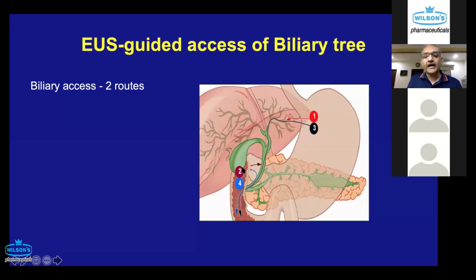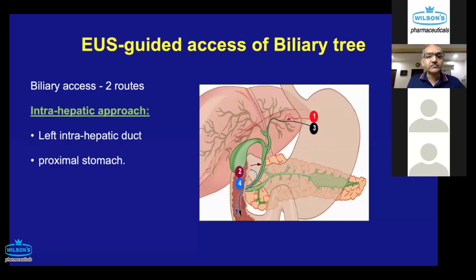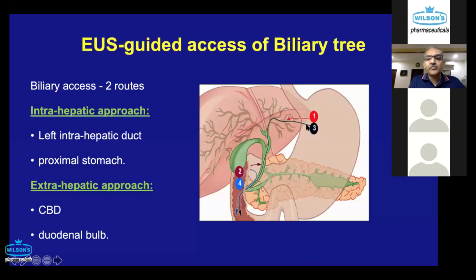So you have two access routes, the left hepatic duct and the common bile duct, provided the common bile duct is dilated, whereas the left hepatic duct is accessible in all scenarios. So the intrahepatic approach is from the proximal stomach, whereas the extrahepatic approach is from the duodenal bulb or D1 D2 junction.